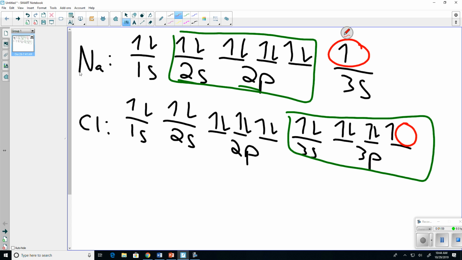And what happens is that sodium loses its electron to chlorine. When sodium loses an electron, it now is a positive charge. So that's why once it loses that one, it becomes Na+. When chlorine gains an electron, it now has a negative charge.